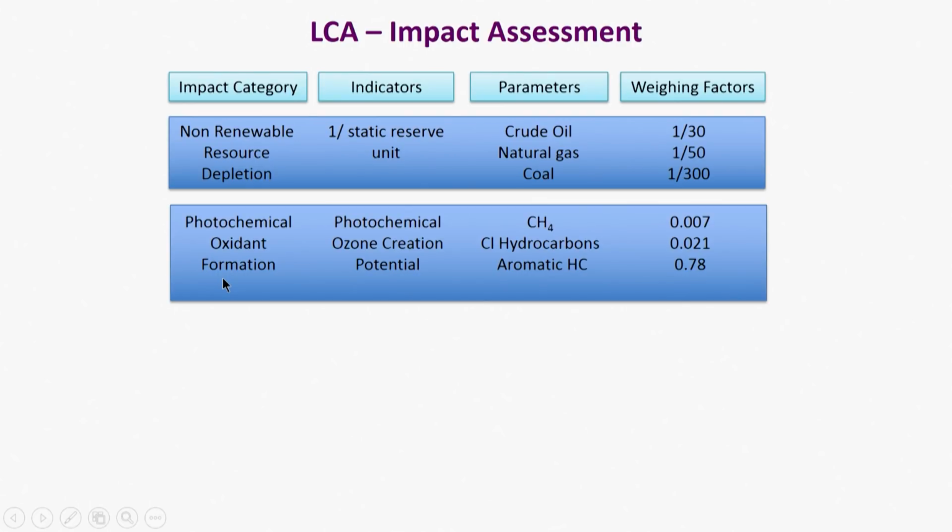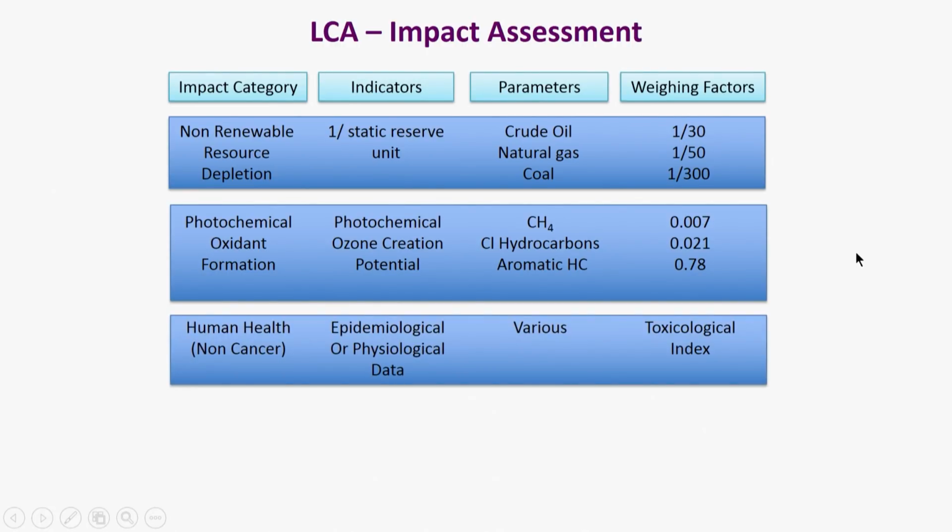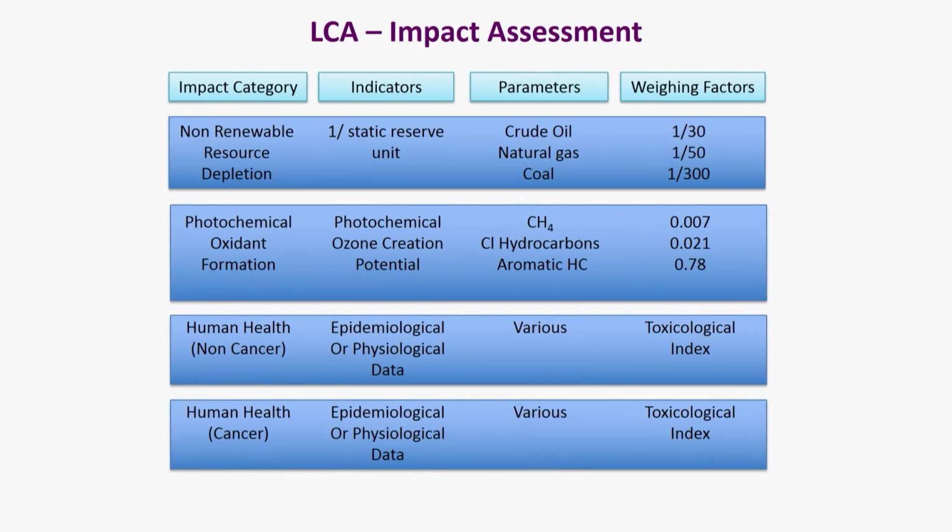Reactions are going on, and they happen because of photochemical oxidation, because of sunlight and all that. Certain chemicals can aggravate photochemical oxidation and form certain species of chemicals that result in photochemical oxidation. So, we have human health as an impact category, and this is again divided into two categories: human health non-cancer and human health cancer.